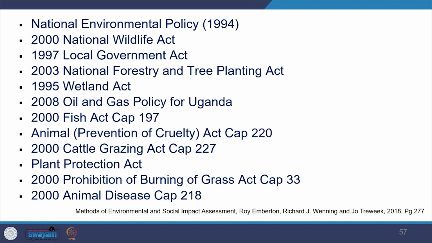You see the range of acts which are there in different countries at different levels. You can see the Wetland Act, the Oil and Gas Policy for Uganda, the Fish Act, then the Animal Prevention and Cruelty Act, the Cattle Grazing Act, the Prohibition of Burning of Grass Act, and the Animal Disease Act. All these you can see.